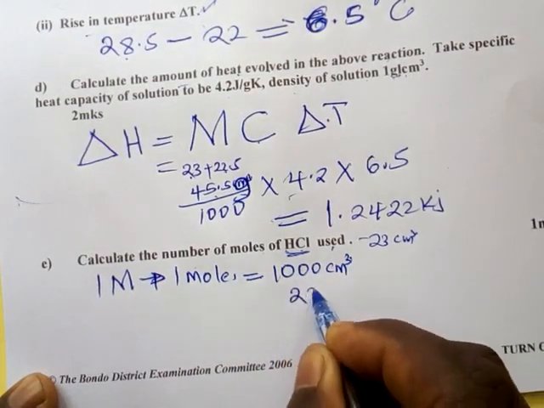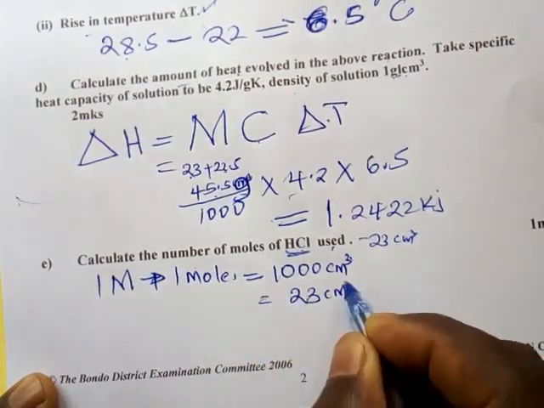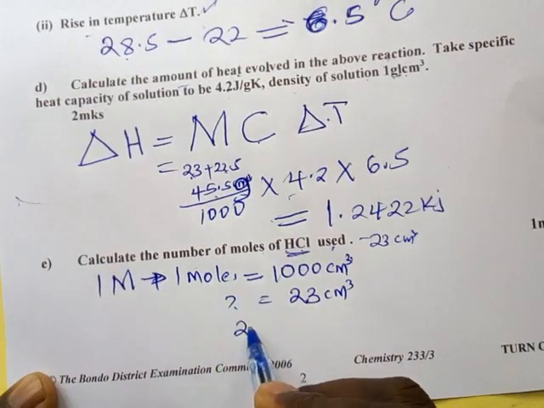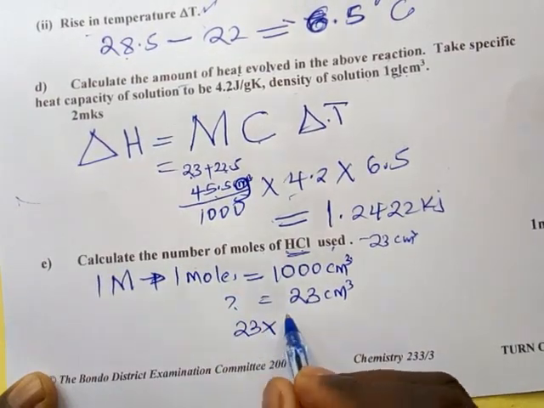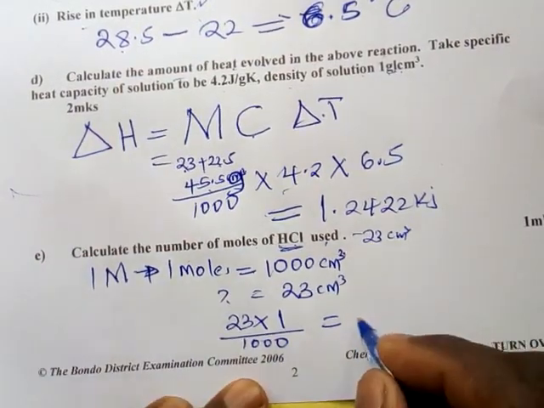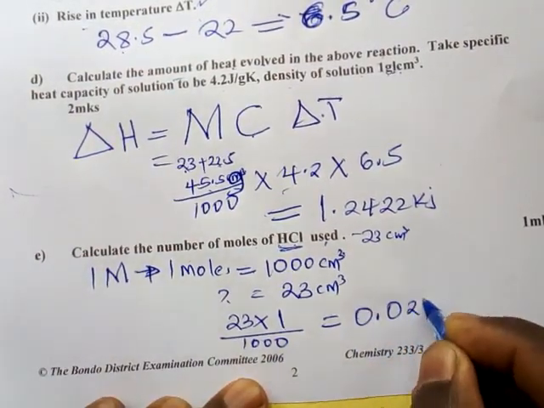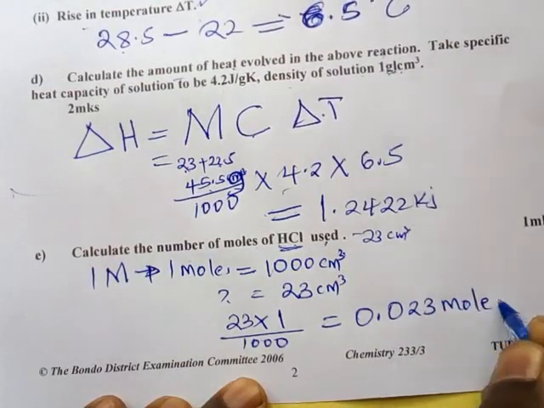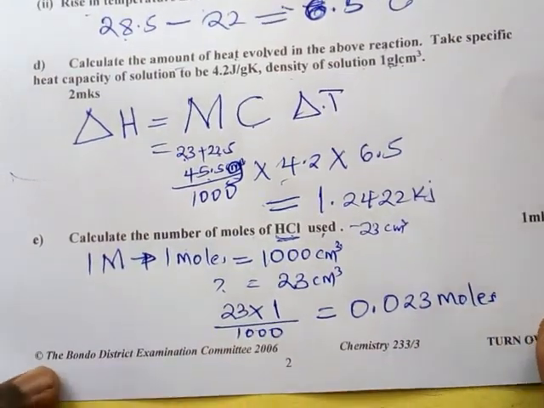What about 23 centimeters cube that was used? So it is 23 times 1 divided by 1,000, and this one will give us 0.023 moles. That is the number of moles of HCl that was used.